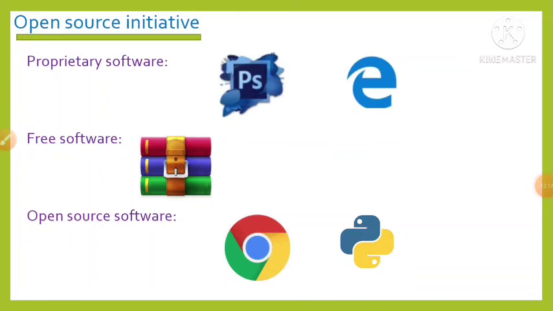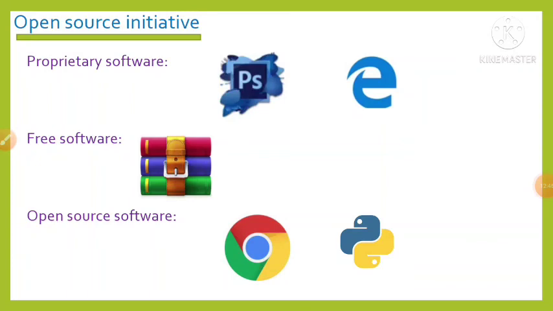Open source products are usually tested in public by online contributors, like Mozilla Firefox, Google Chrome, Python, all examples of open source software. Open source systems are free. People can save money by using this software. Got it? So here are the differences between open source and proprietary.